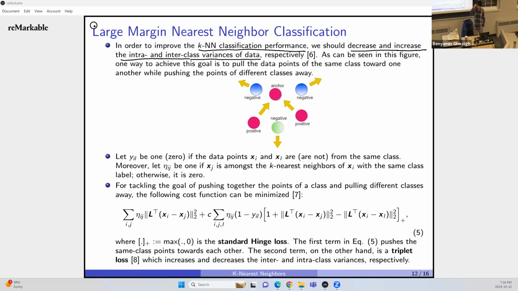But here we are going to use an idea similar to triplet loss. I believe that triplet loss was inspired by this. This was proposed before the era of deep learning, and later they were inspired by this paper and proposed triplet loss. Many of the loss functions in neural networks are inspired by fundamental machine learning.